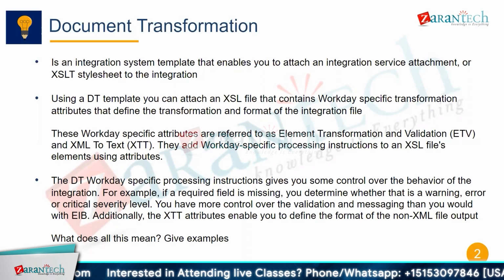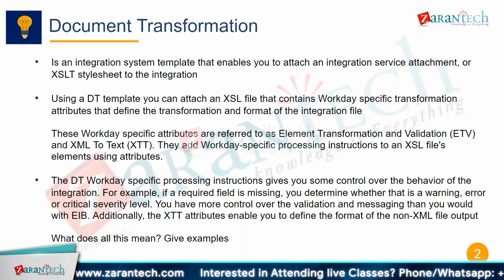So with document transformation, of course, you have more control over the validation messages that you're getting, and how you translate them or use them to amend your integration and your document transformation, and how you process it. Additionally, the XTT attribute, which is XML to text, enables you to define the format of the non-XML file output as well.